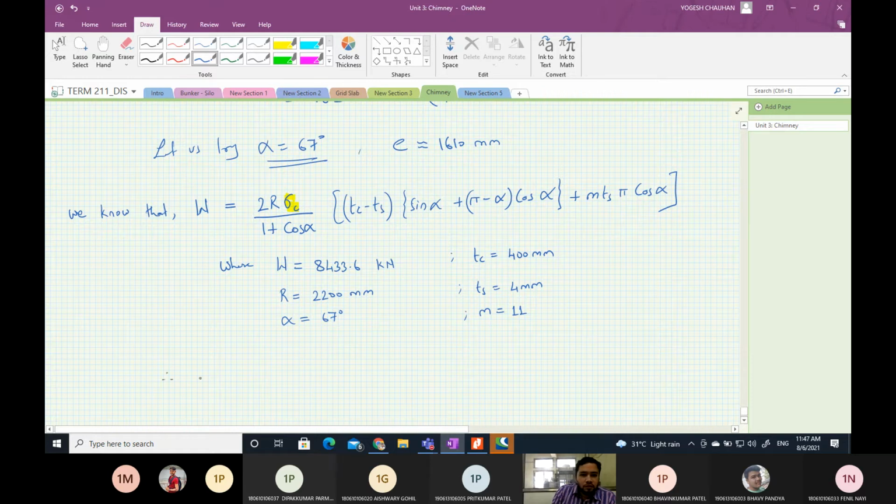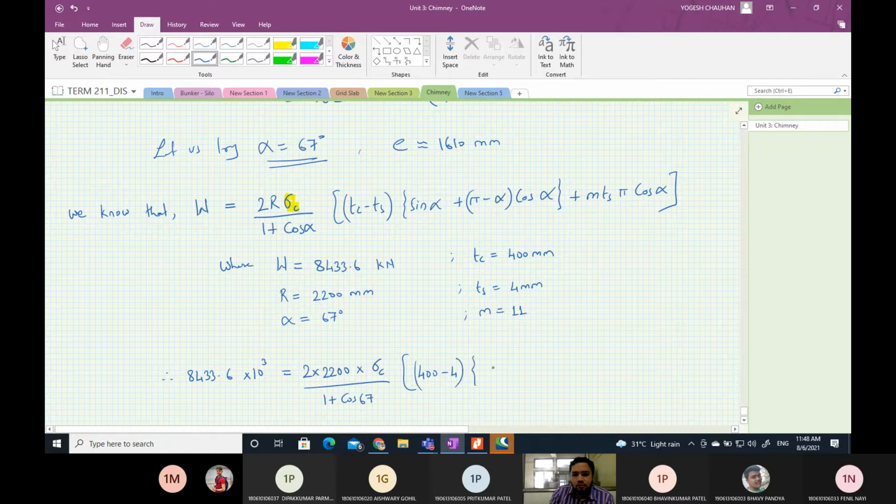So therefore 8433.6, it is in kilonewton, so convert it into Newton, times 10 to the power 3, is equal to 2 into 2200 into sigma C whole divided by (1 plus cos 67) multiplied by [(400 minus 4) multiplied by sin 67 plus (pi minus alpha).